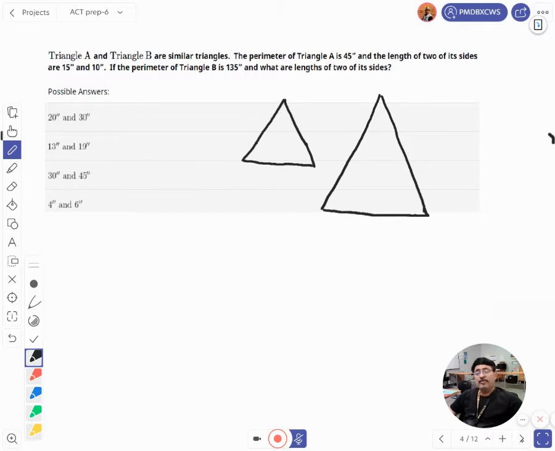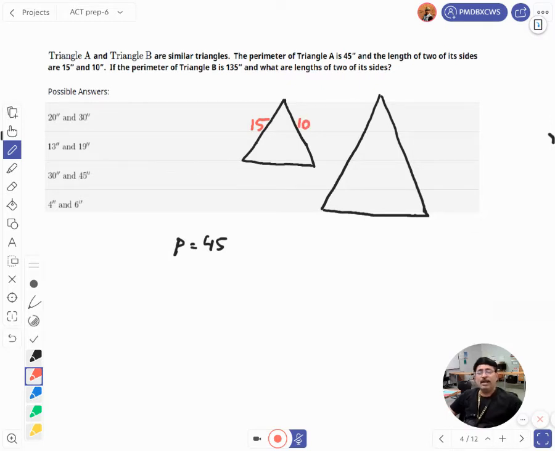So the perimeter of triangle A is 45. Okay, so perimeter equals 45. And the lengths of two of its sides are 15 and 10. So this one is 15 inches and the other one is 10 inches.